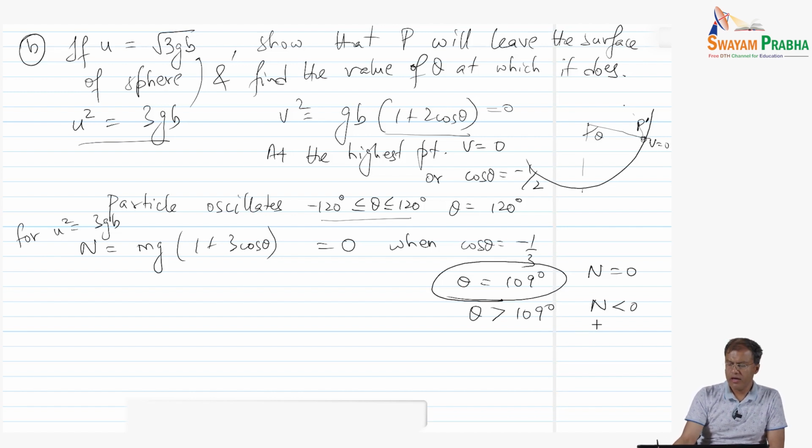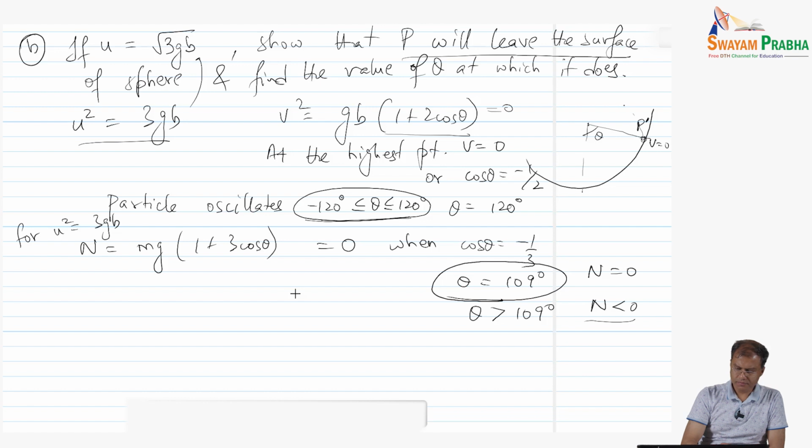That cannot happen, and it only results in the particle going away from the surface of the sphere. So the particle will leave the surface inside this range from minus 2 pi by 3 to plus 2 pi by 3.